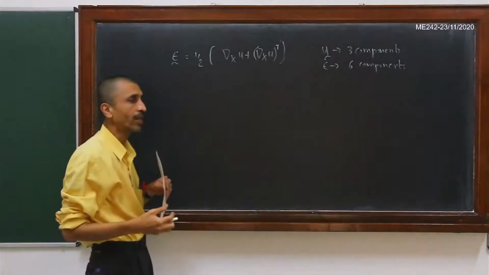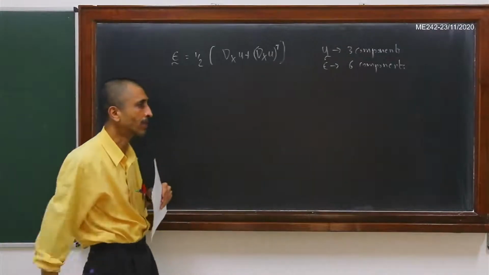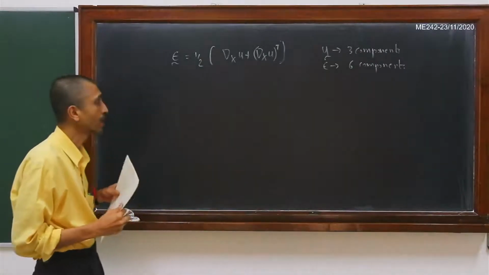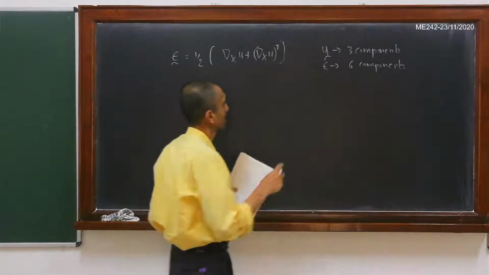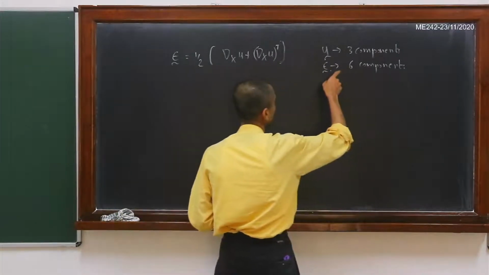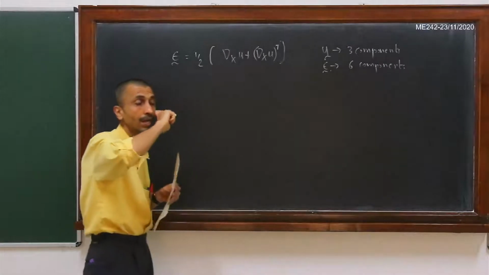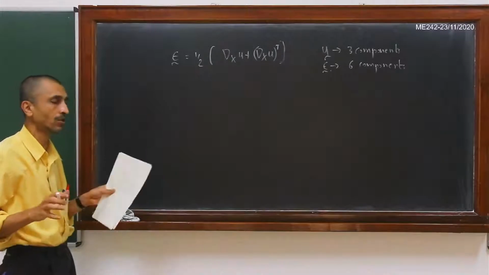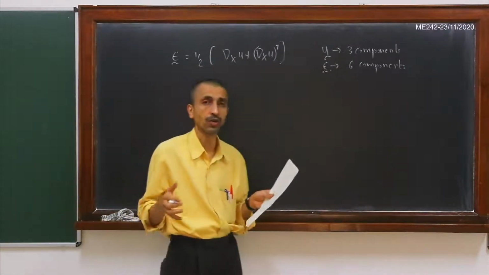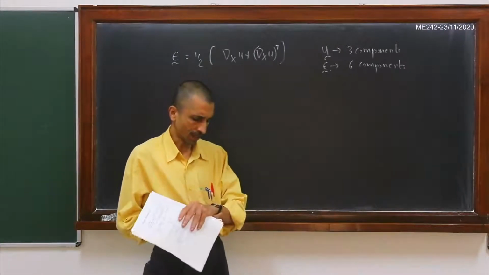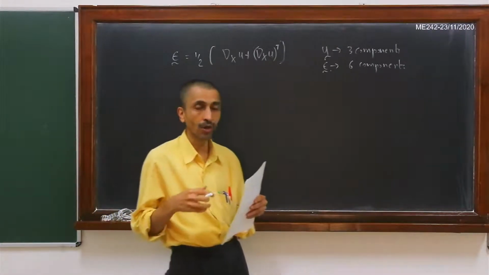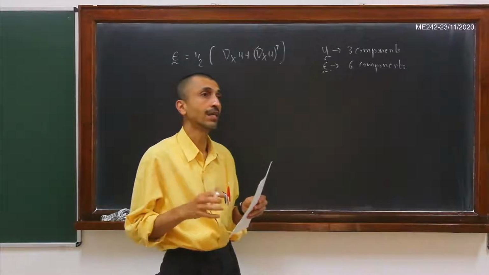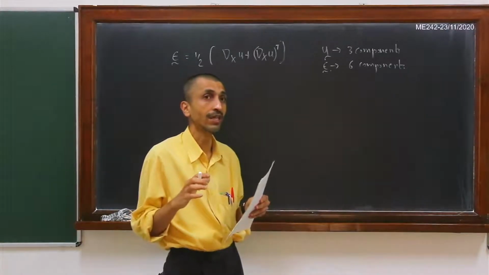But today we are going to consider the reverse problem. The reverse problem is that suppose I give you the strains, then can I find out the displacements? Now you can see that there are going to be 6 equations for determining 3 components. So there are more equations than unknowns. If you are familiar with how to solve linear equations, you must have seen that if you have more equations than unknowns, then a solution will not exist unless the equations satisfy certain constraints between themselves.